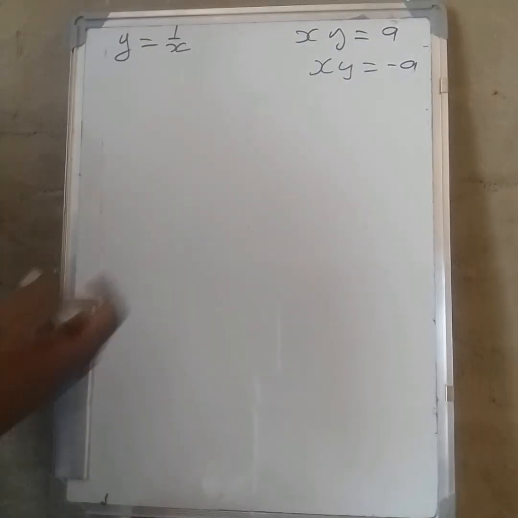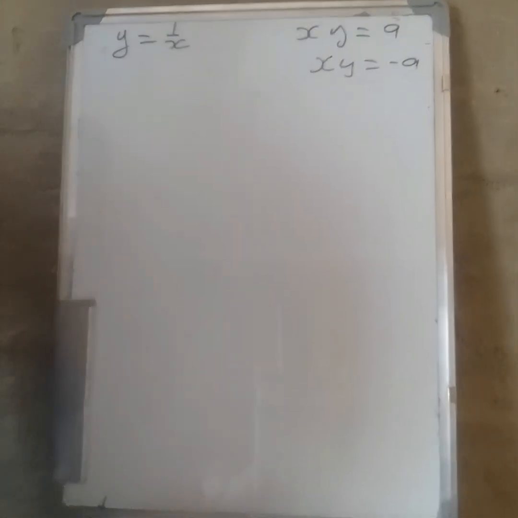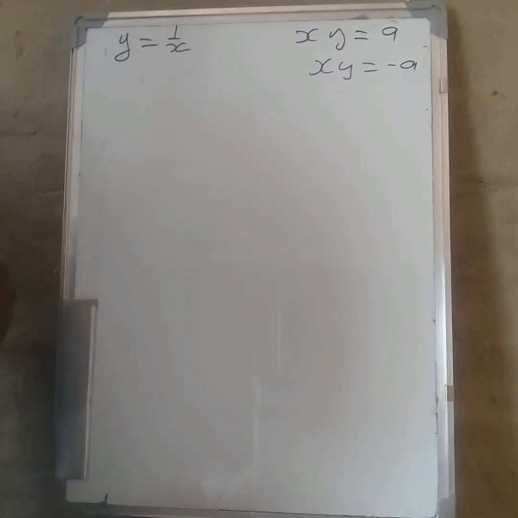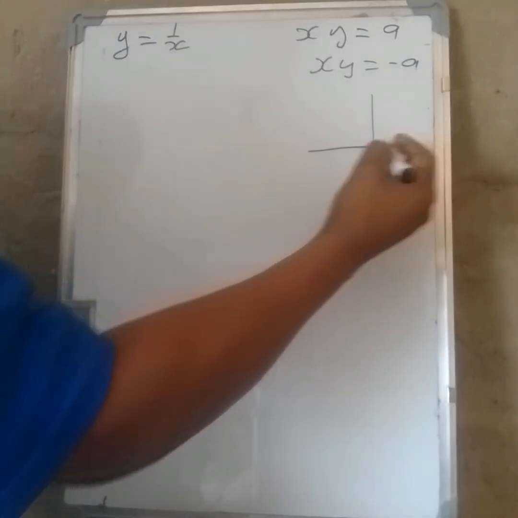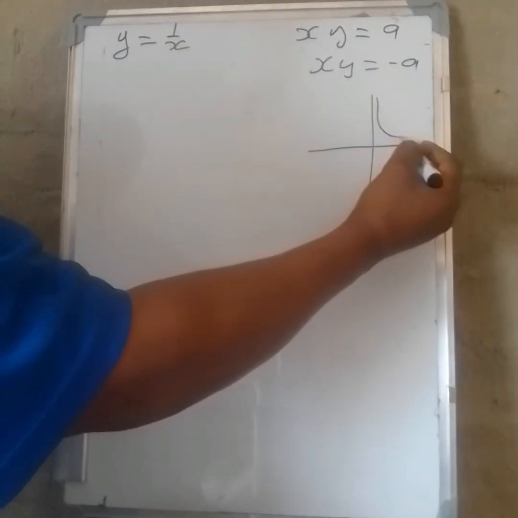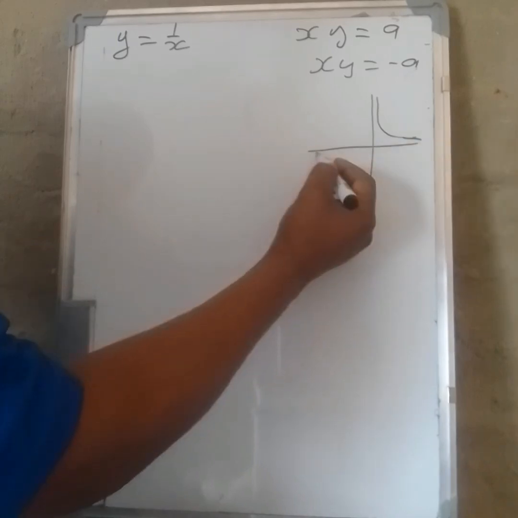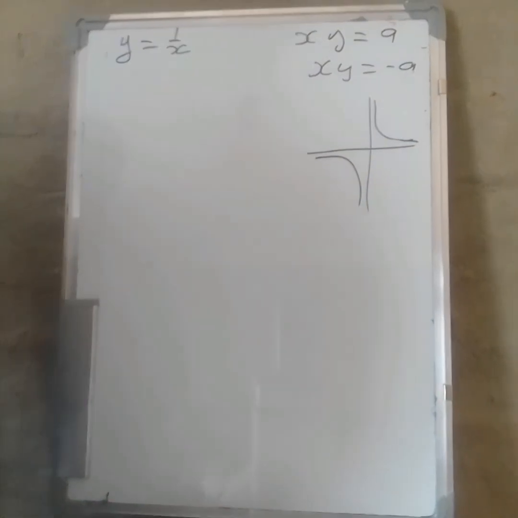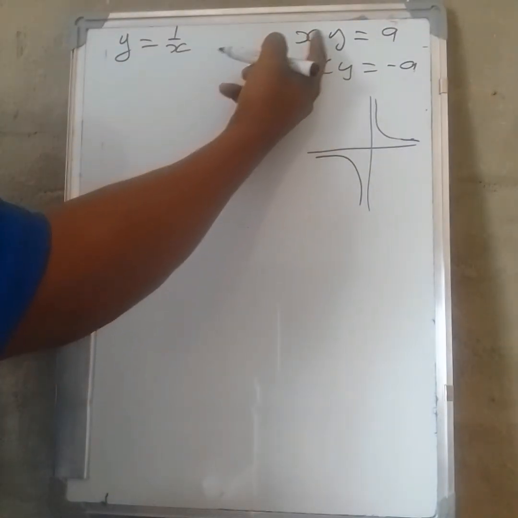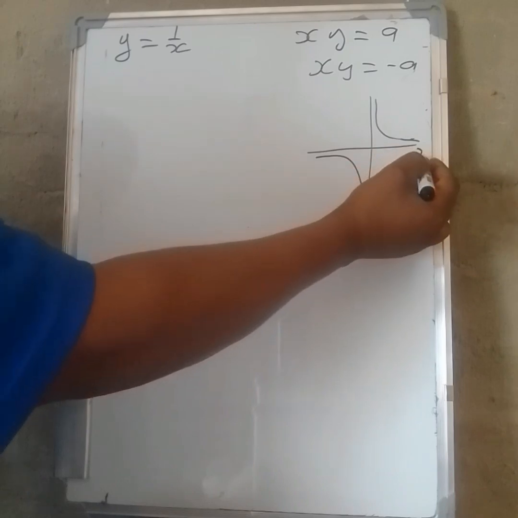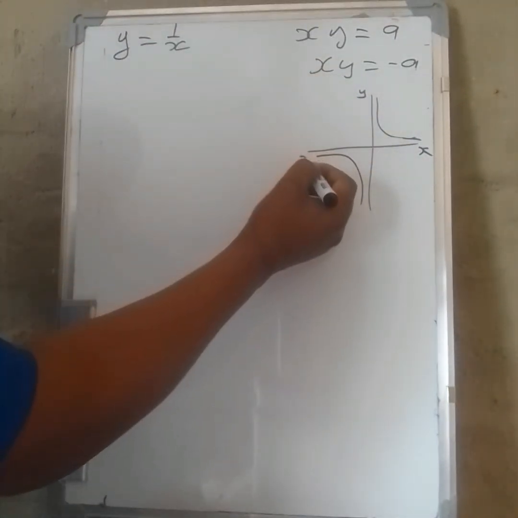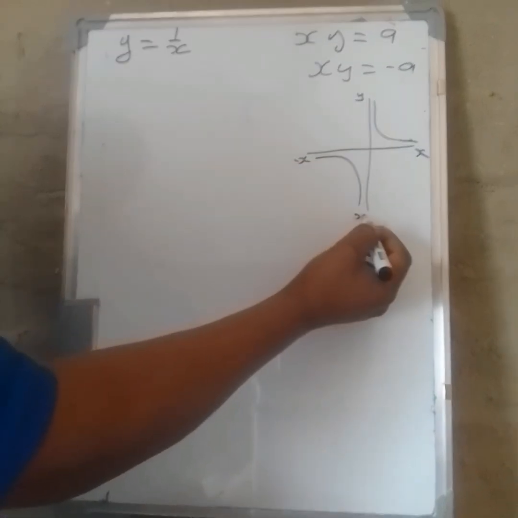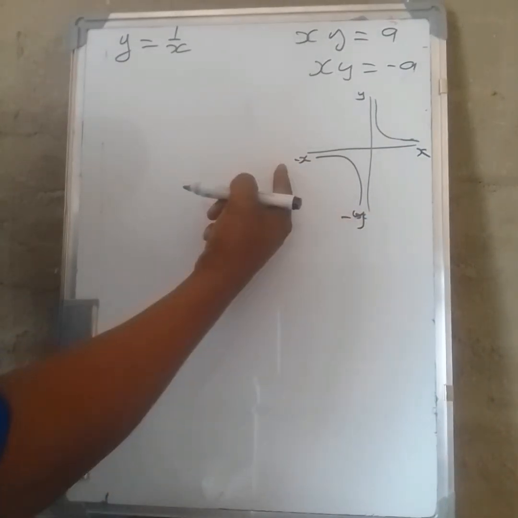So if a is positive, our graph would be like this, because we've got two positive numbers here, positive x and positive y, or two negative numbers, negative x and negative y.